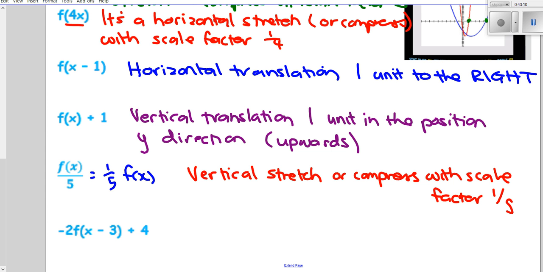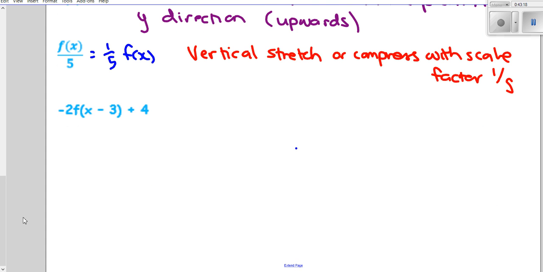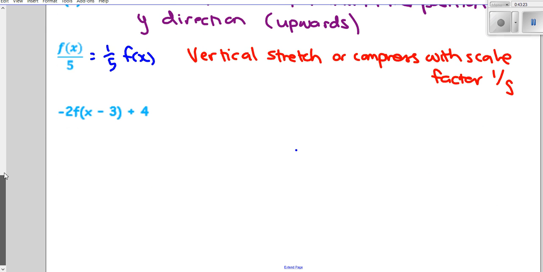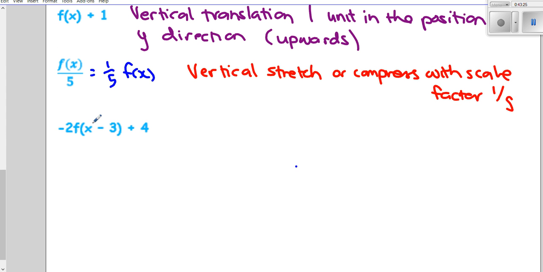Yeah, we've got multiple transformations going on here. What does a negative do? Reflection. In which axis? X. Reflection in the x-axis.